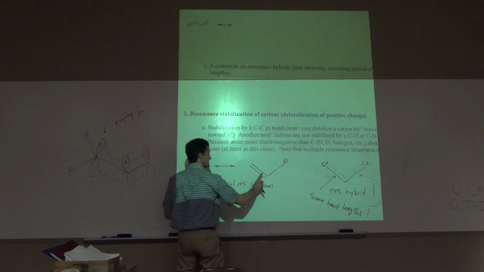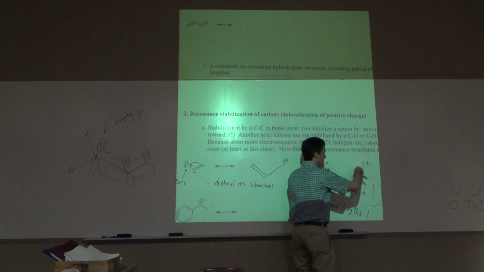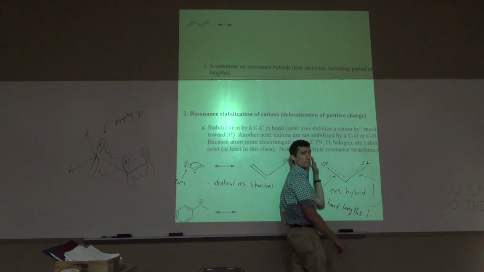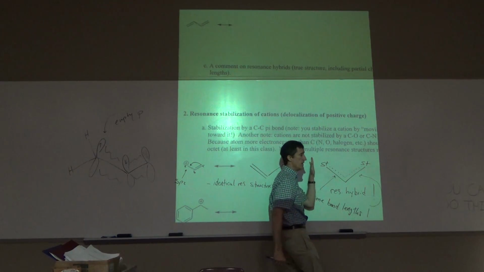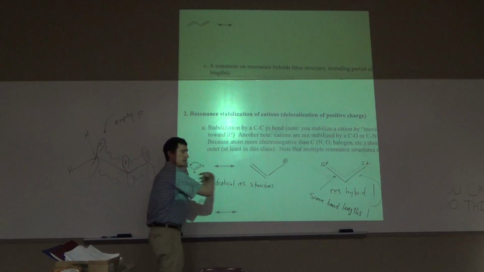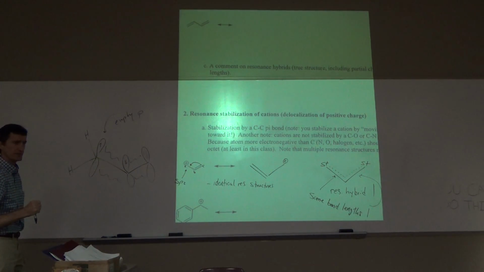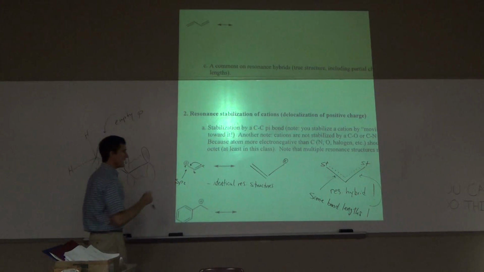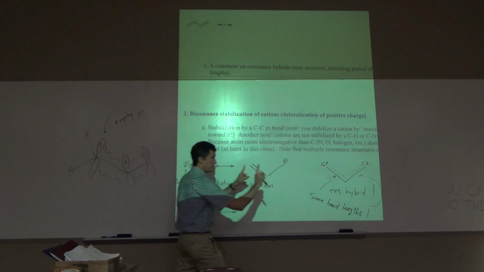But what we do is instead show these, because believe me, if we only showed this, structures would be very cumbersome looking. Instead, we show this and try to get you to understand that the true structure is a blend of these fake structures. But we will say which is major or minor. Here, there is no major or minor. These are identical, and thus you get a perfect blend.